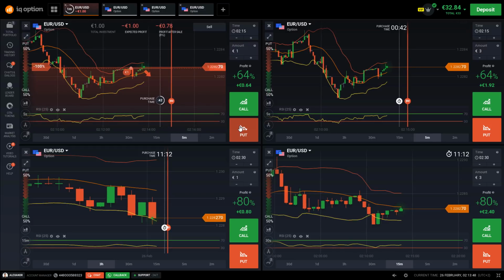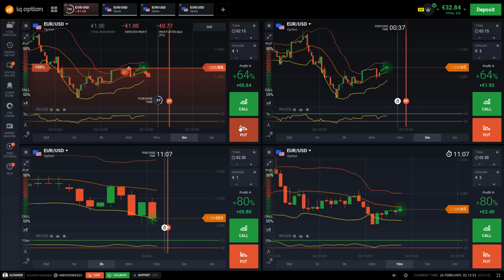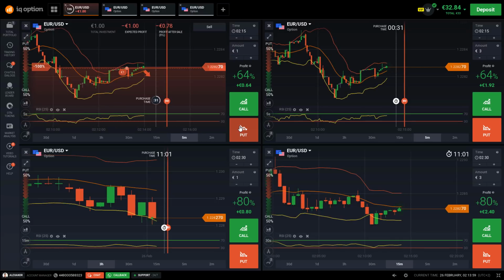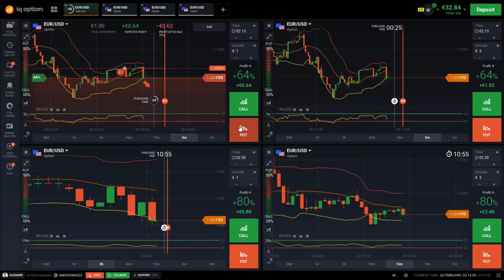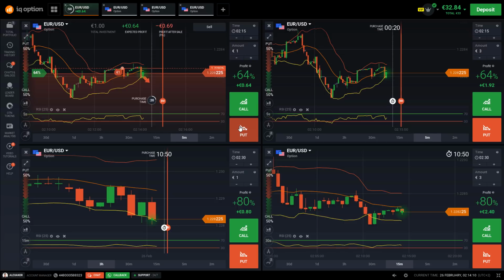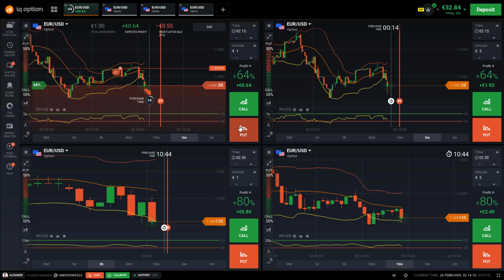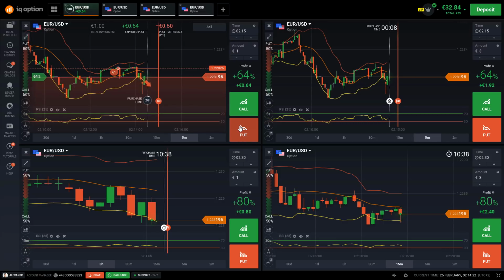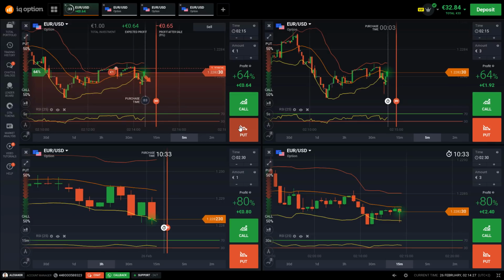Okay, it's exceeded my original position. So this option, I have a winning, losing chance. It's right now a 50-50. Okay. But now it's undecided, so it's still 50-50, a little bit in favor of my direction.